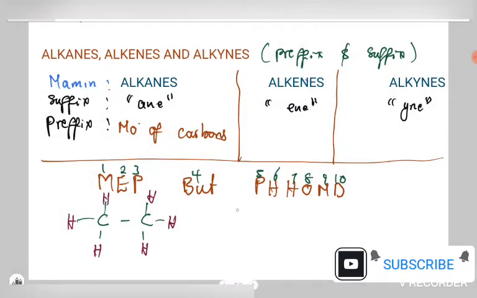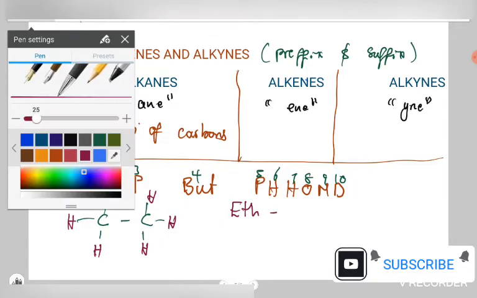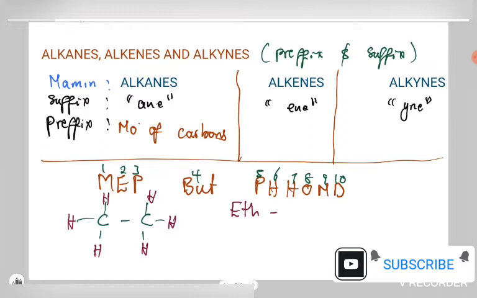It's eth. We consider this as alkane because it has only single bonds, so the suffix is going to be "ane". So the full name is going to be ethane. To make sure you understand, feel free to try alkene and alkyne. Pause the video and try.